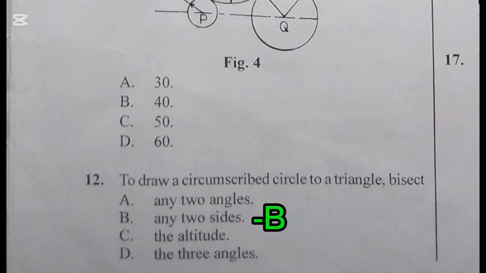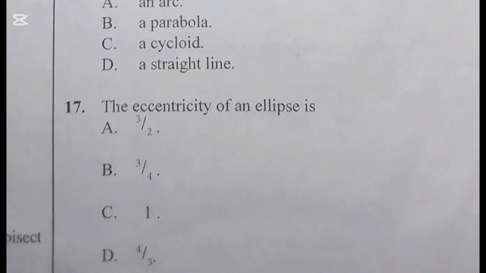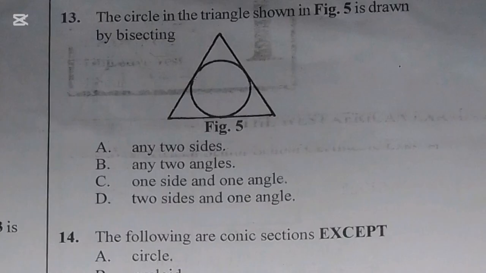From the circumcenter, we get our circumscribed circle round the triangle. So question 13 now. This question 13 is like the opposite of question 12. The circle in the triangle shown in figure 5 is drawn by bisecting any two angles. So the answer is B, bisecting any two angles.